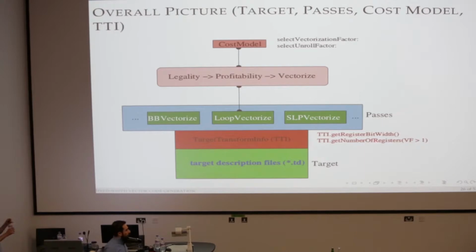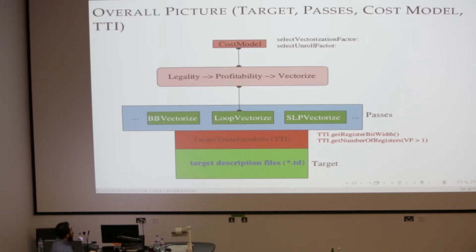These are for the vector, of course. For the unroll factor, we check the number of registers we have in the hardware to see the impact of unrolling on register pressure, so that we don't lead to register spills.